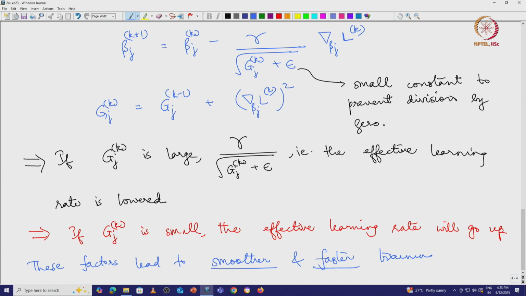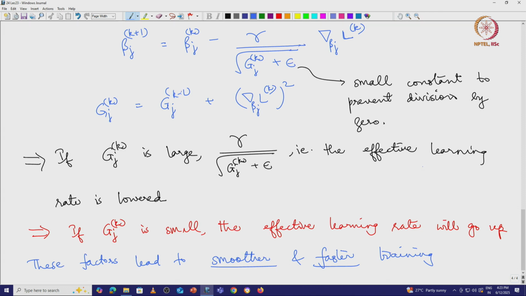So, that is really advantageous, that you can make the training smoother and faster, so that the training can be done with less computing power, and that is really important these days.